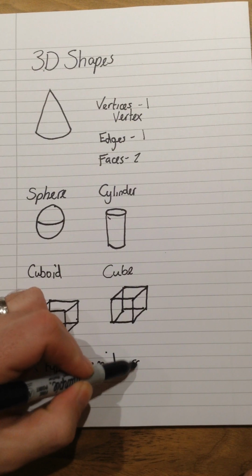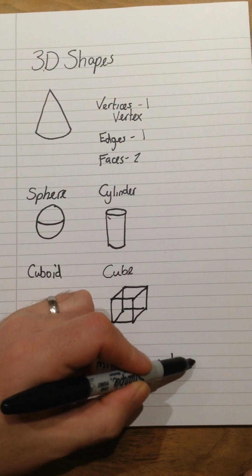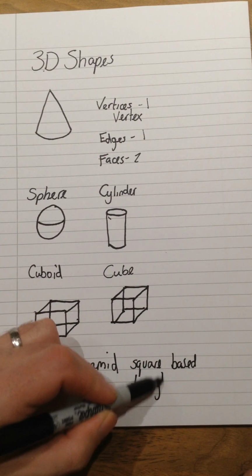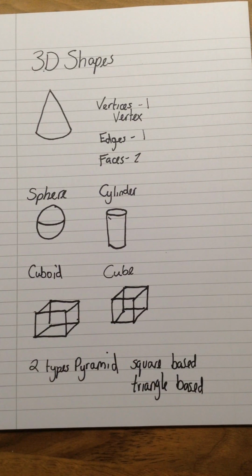So they can be square based or triangular based. So the first task shouldn't take you too long. All I want you to do is draw these shapes out into your book as neat as you can and try and work out the number of vertices, edges and faces.